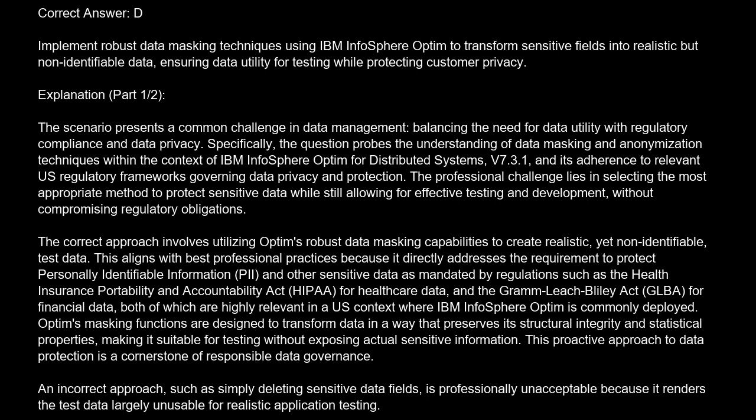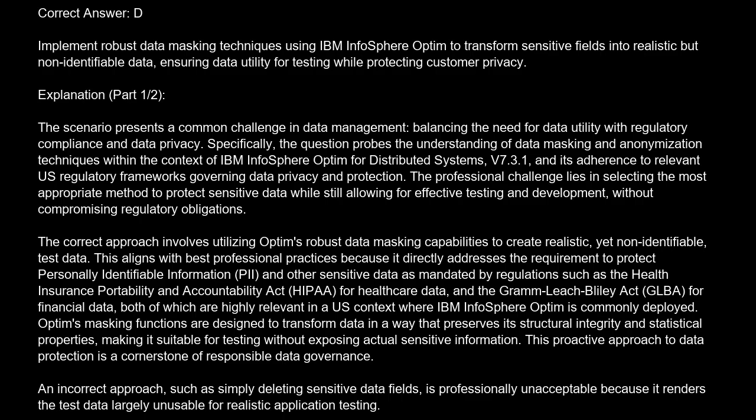This aligns with best professional practices because it directly addresses the requirement to protect personally identifiable information, PII, and other sensitive data as mandated by regulations such as the Health Insurance Portability and Accountability Act, HIPAA, for healthcare data, and the Gramm-Leach-Bliley Act, GLBA, for financial data, both of which are highly relevant in a U.S. context where IBM InfoSphere Optim is commonly deployed.